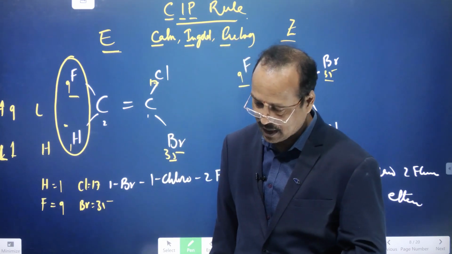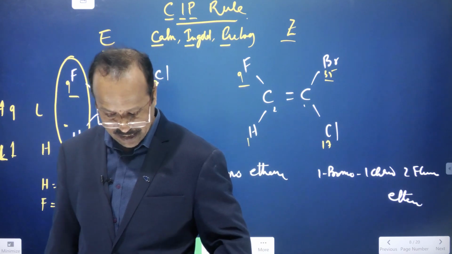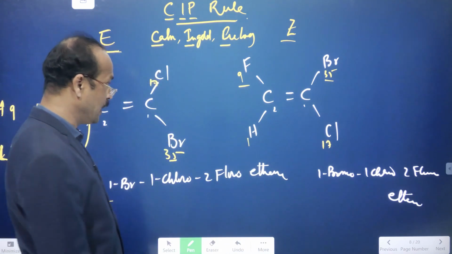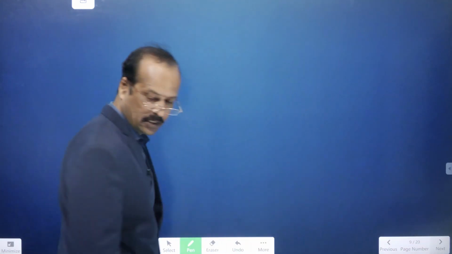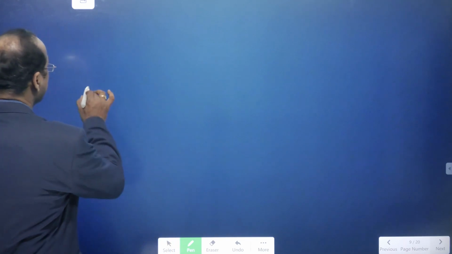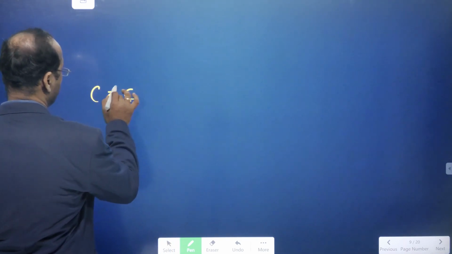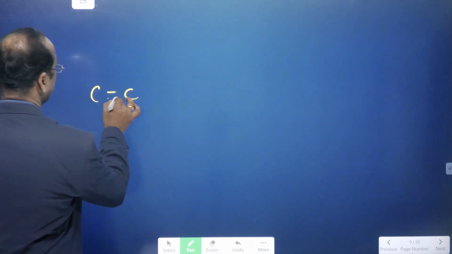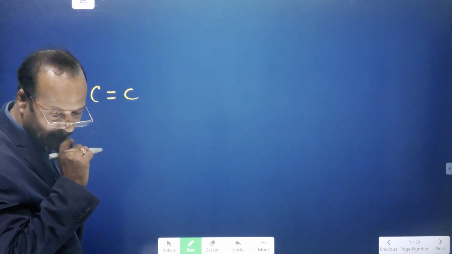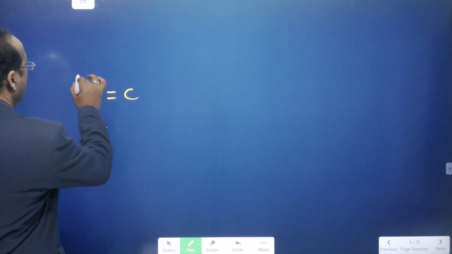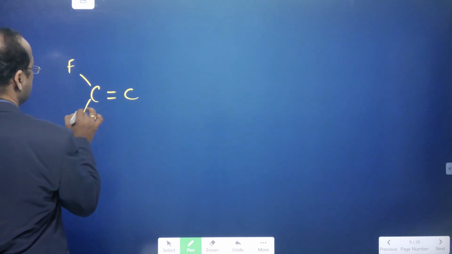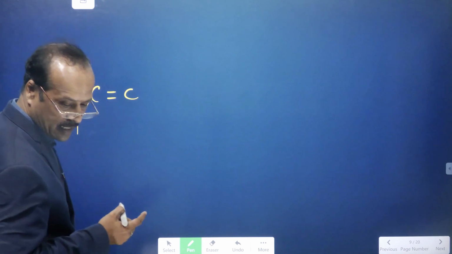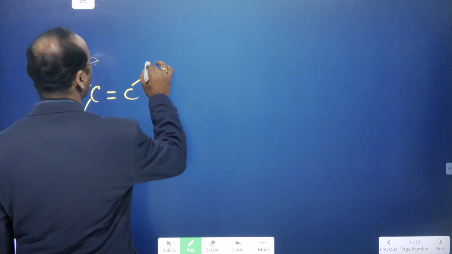The same example is given in your page number 99. If you see page number 99, you have an example of carbon double bond carbon, and on that you see fluorine and chlorine on one carbon, and on the other side bromine and iodine.